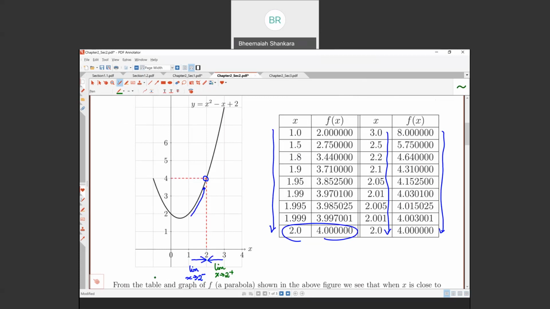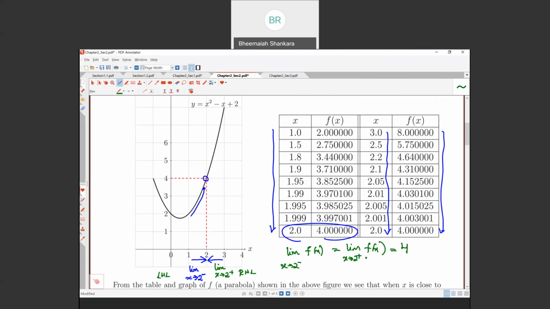And we have a name for these. Moving from the left is the left hand limit. Moving from the right is the right hand limit. Now we say that the limit as x approaches 2 from the left of f of x and the limit as x approaches 2 from the right of f of x, they both are equal and they are equal to 4.